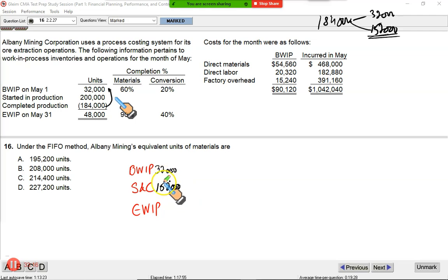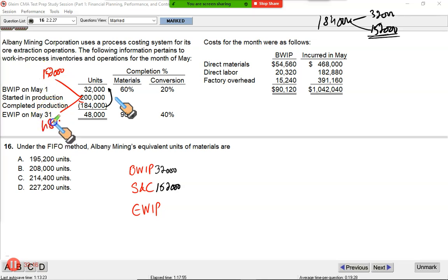Remember, it's 152. Now if it is true, then my maths should tally. I started work on 200,000 units. Out of this, 152,000 are completed. If out of 200,000, 152 are completed, how many are not completed? 200 less 152?